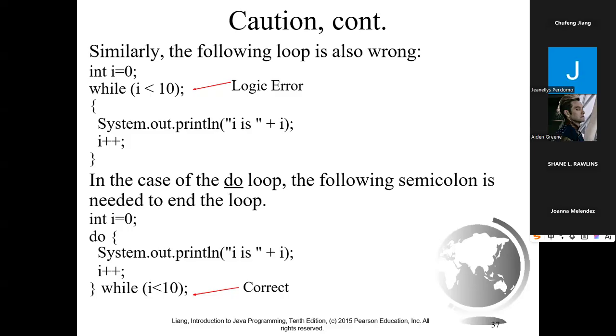And that is the same thing for the do while loop. As the do while parts are put together and form a certain kind of code block, after the block we should place a semicolon. That's why the do while is correct in this case.